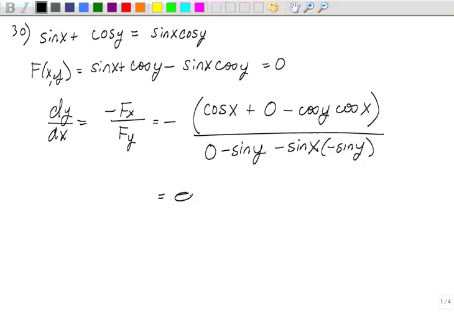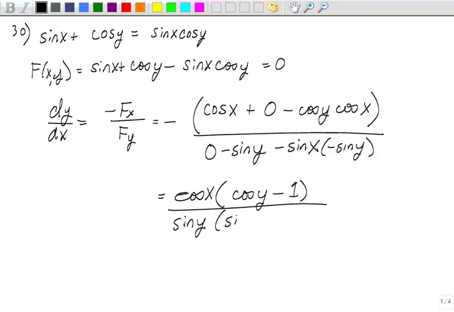So this is going to be cosine x times cosine y minus 1 over sine y sine x minus 1. That's it.